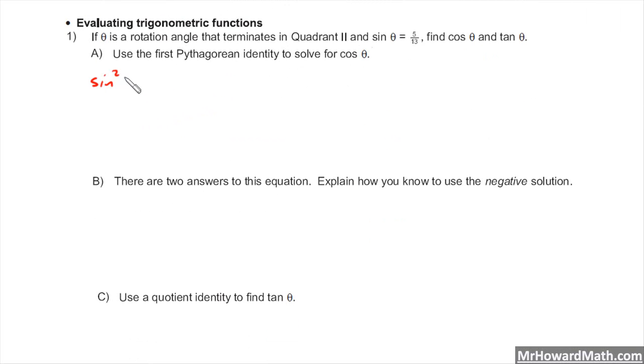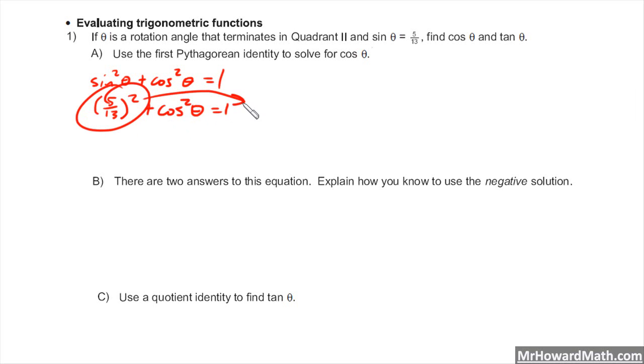So we will write that here and then apply it. Sine squared, I'm using theta instead of x, plus cosine squared theta equals 1. So if sine theta is 5 over 13, then sine squared theta would be 5 over 13 all squared. So 5 over 13 all squared plus cosine squared theta equals 1. So we want to solve for cosine here, so we'll take this quantity and move it over.